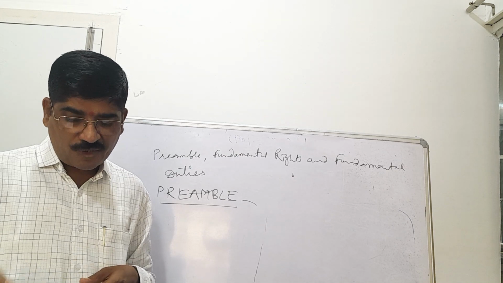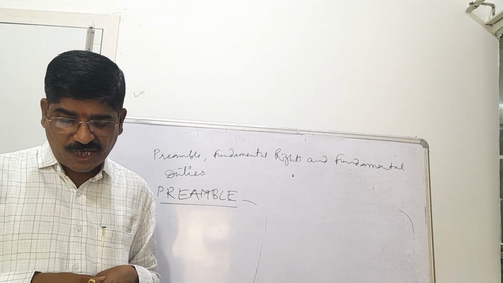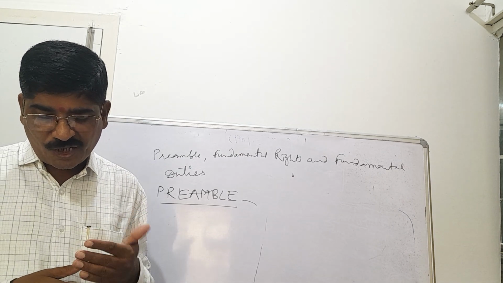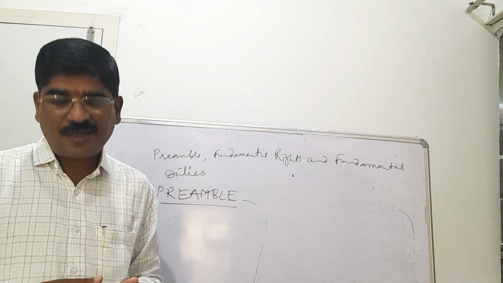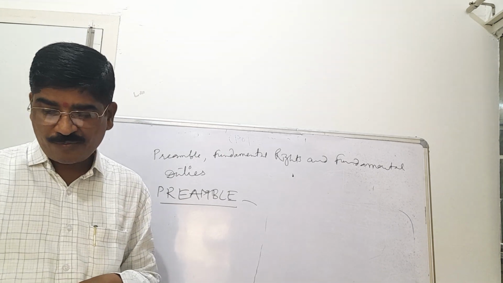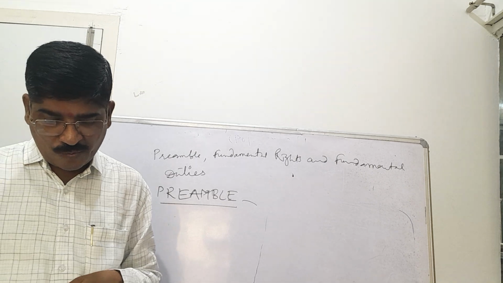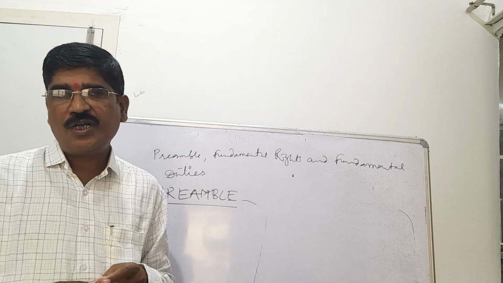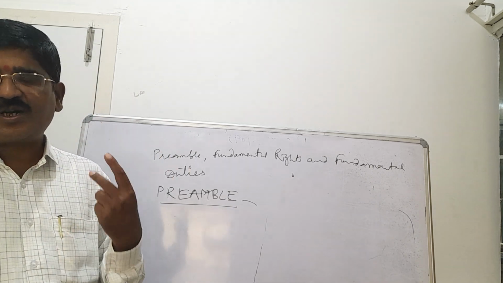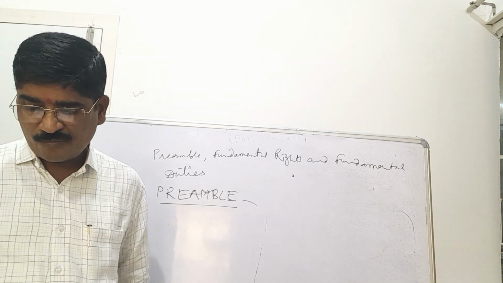And then we have seen laws inconsistent with or in derogation of the fundamental rights, where we have mainly 3 points. In point number 3, there are 2 parts, A and B.